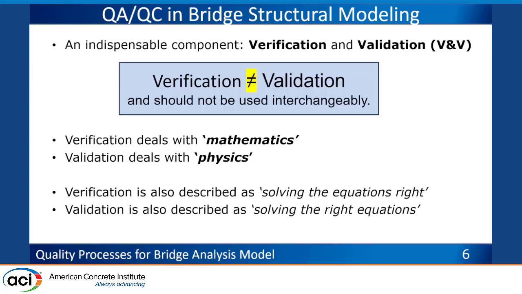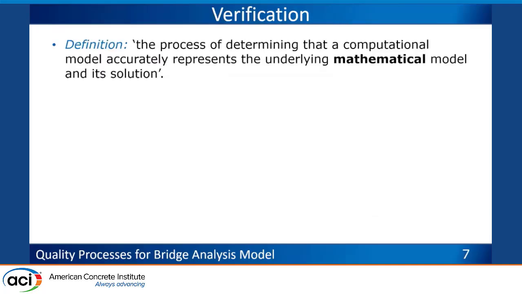In terms of verification, what we have seen in the previous discussions, for example, a sanity check, is a verification process, right? It is determining the mathematical accuracy of the solution. So you are checking the mathematics, whether you get it right or not. You can compare your solution with other mathematical solutions. It could be an independent model created by someone else. It could be a different model.